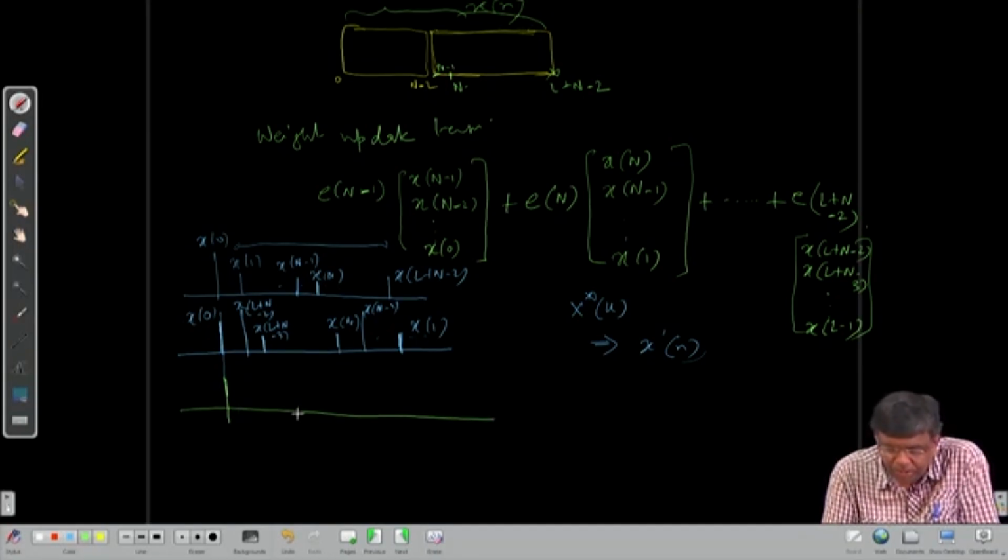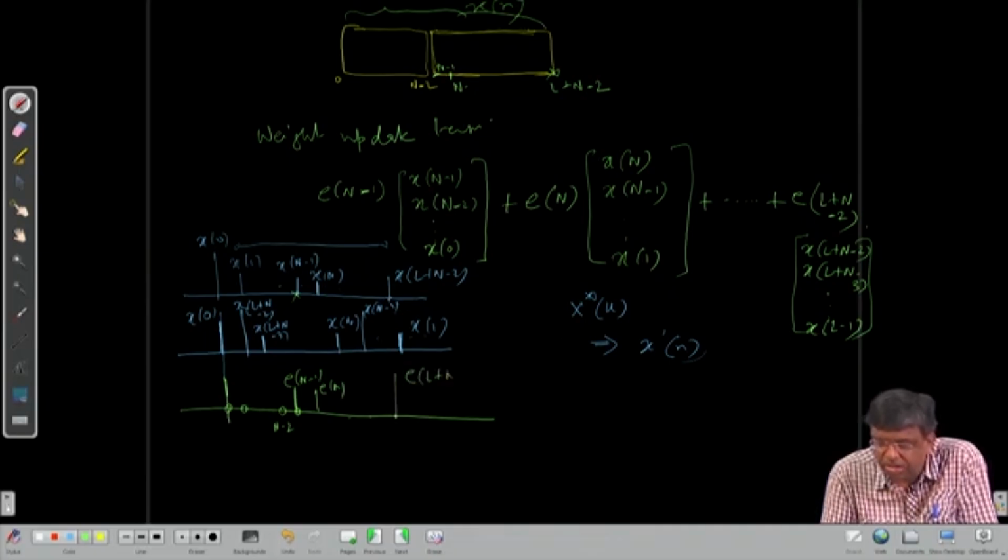Initially, I have got 0, 0, 0, 0 up to n minus 2, zeros. And then I have got E of n minus 1, E of n, dot dot dot, up to E of L plus n minus 2, and zeros.